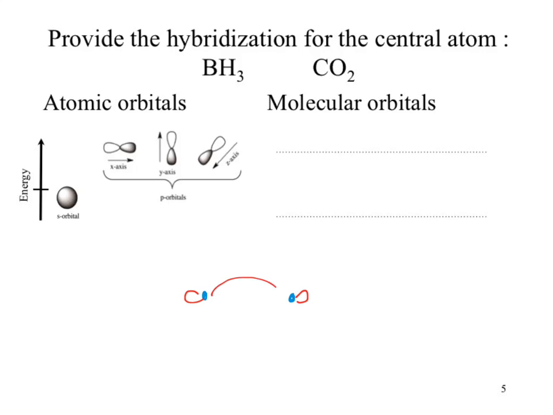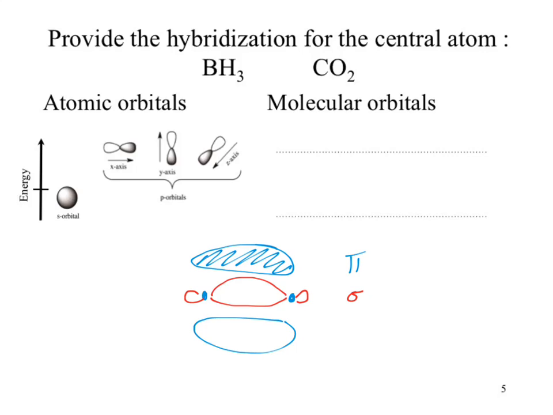So we can look at our sigma bond happening in between. We've got our red for our sigma. We've got a pi bond happening on the outside. That gets us a double bond. Well, I've got electrons between the atoms, immediately between them, and I've also got them on the outside.